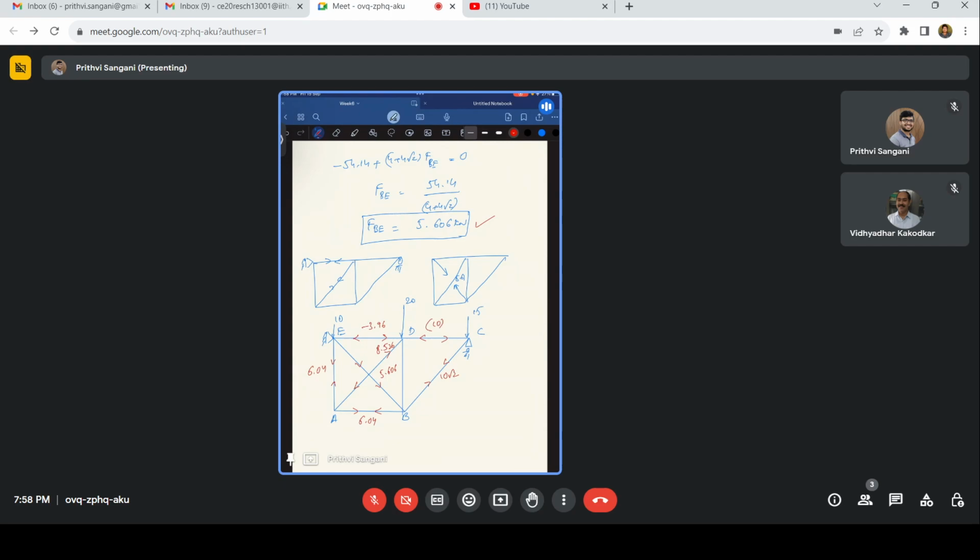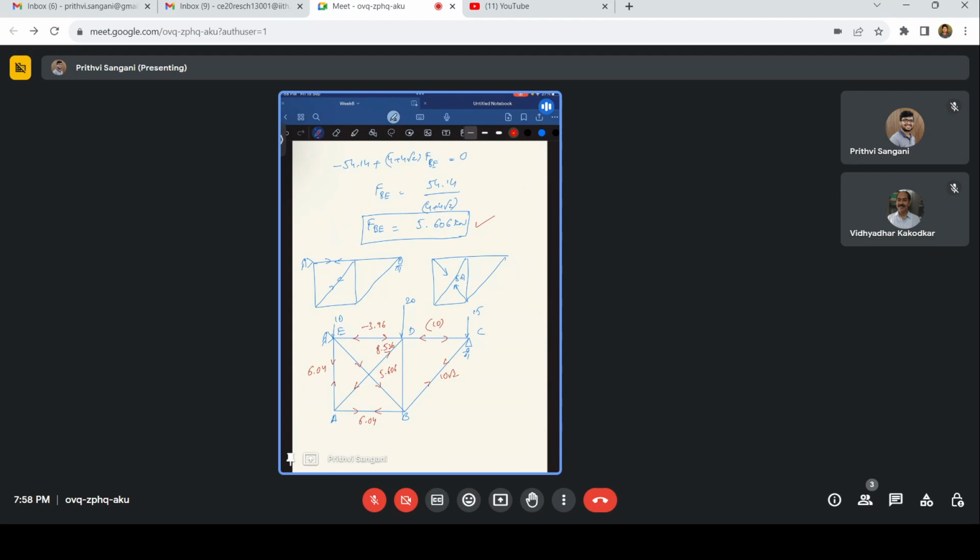Yeah. So we have a question. Let me just say how to actually solve for this kind of a question. We'll have a beam. Sorry, we have a truss. Okay. This is a truss.